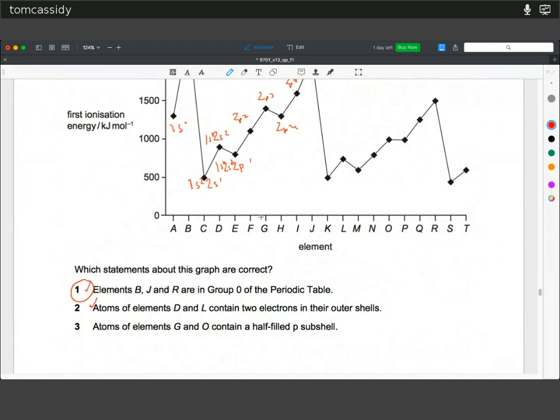And G, well, there's 3 p atomic orbitals available, and they're half filled there because each atomic orbital can accommodate 2 electrons. So it's true that there's a half-filled p subshell at that point. So 1, 2, and 3 are all correct, and that gives you an answer of A if you look that up against the key.